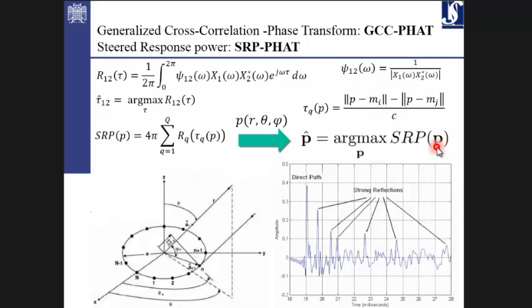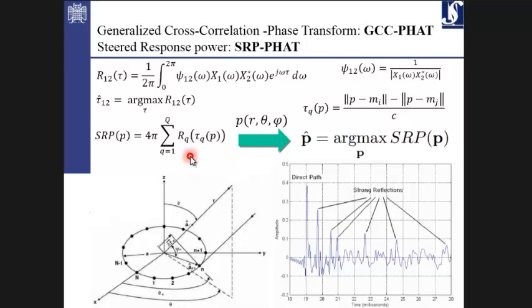So intuitively, SRP works like that, looks for the maximum energy inside the room. So greedily, it actually looks for the energy points inside the room, because the cross correlation is actually a function which represents the variance, and variance is energy. So if you're looking for the maximum variance, you're looking for maximum energy.